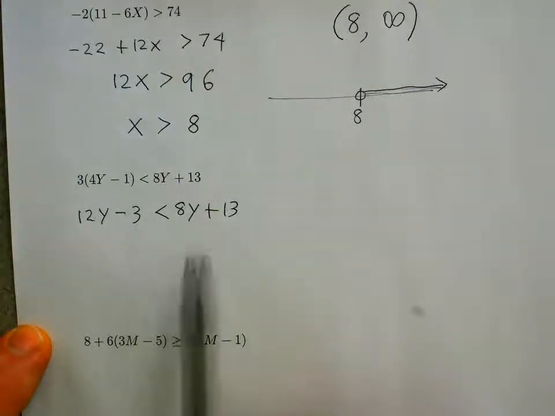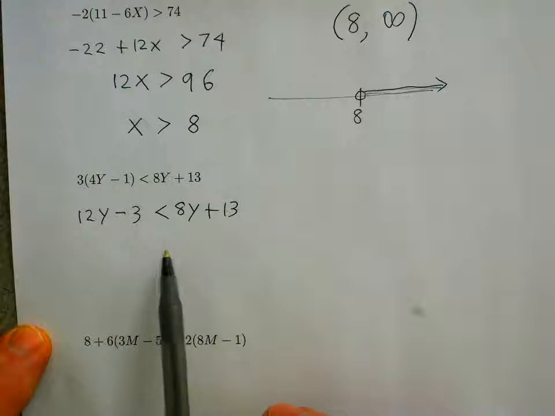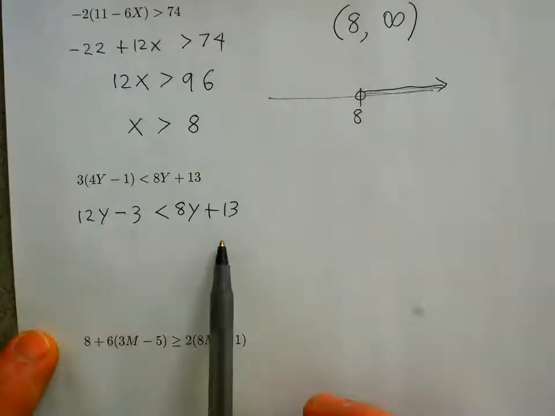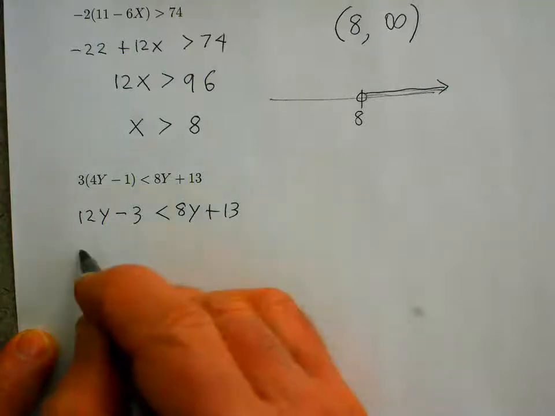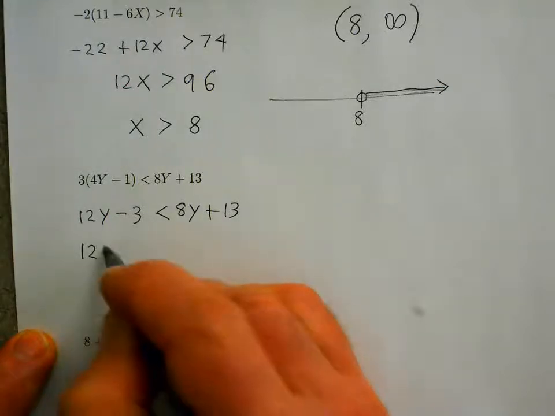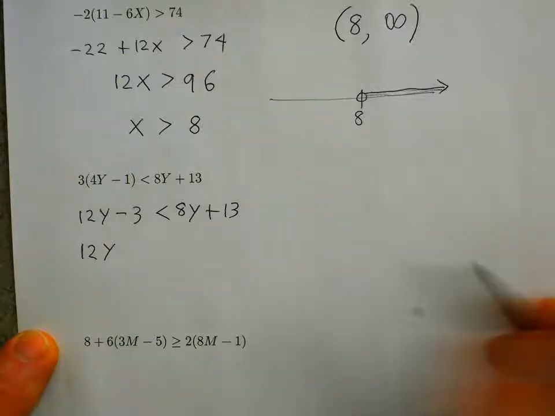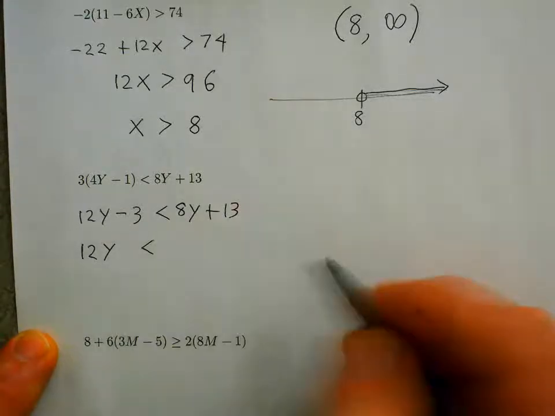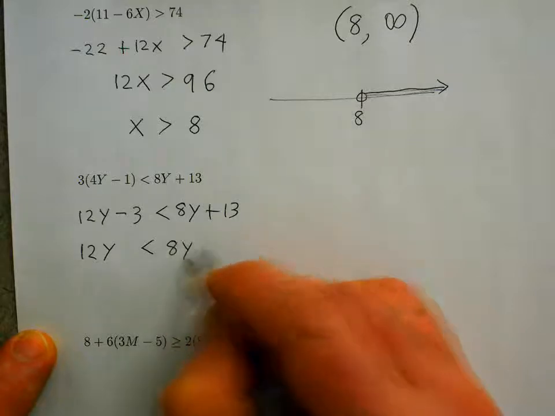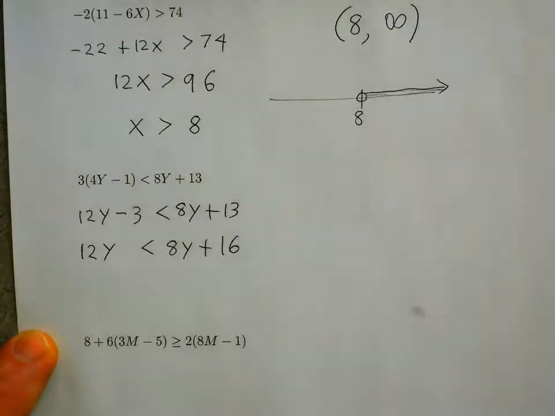From here, we can proceed in alternative ways. I'm going to add 3 to both sides. So when I add 3 to both sides, we'll just have 12y on the left-hand side. And on the right-hand side, we'll have 8y plus 16.